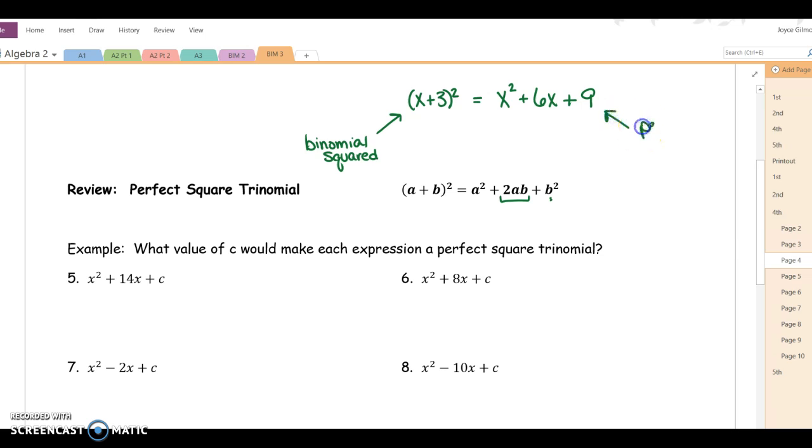This is a perfect square trinomial. And really, they want you to see the connection between the positive 3, the 6, and the 9. So I'm going to write in here, this 6 is our 3 times 2, and the 9 is our 3 squared.